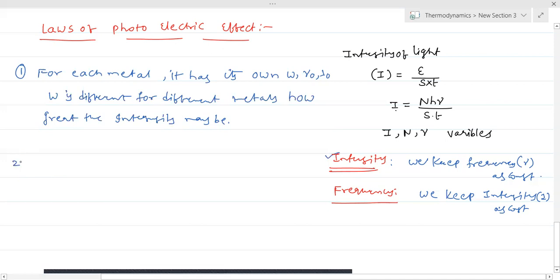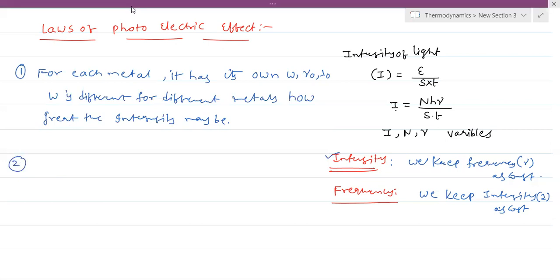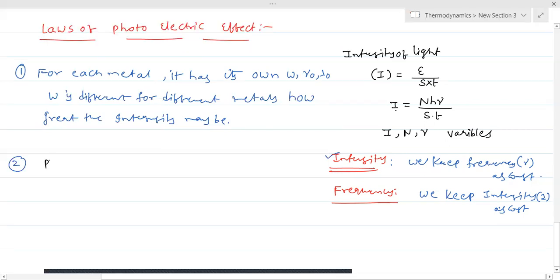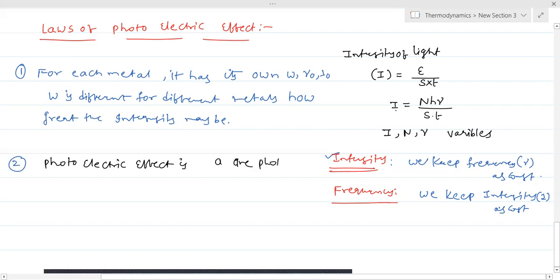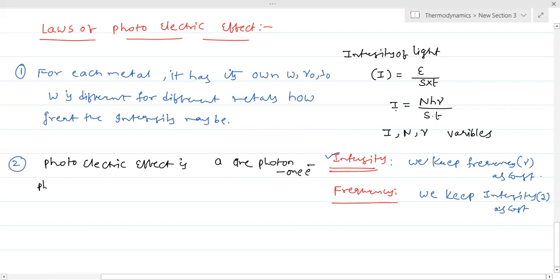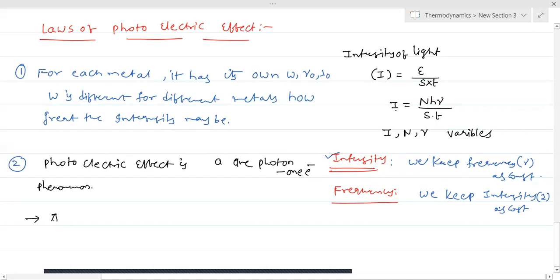So the second one we are taking, that is photoelectric effect. Photoelectric effect is a one photon, one electron phenomenon. That means a single photon is able to eject out a single electron.